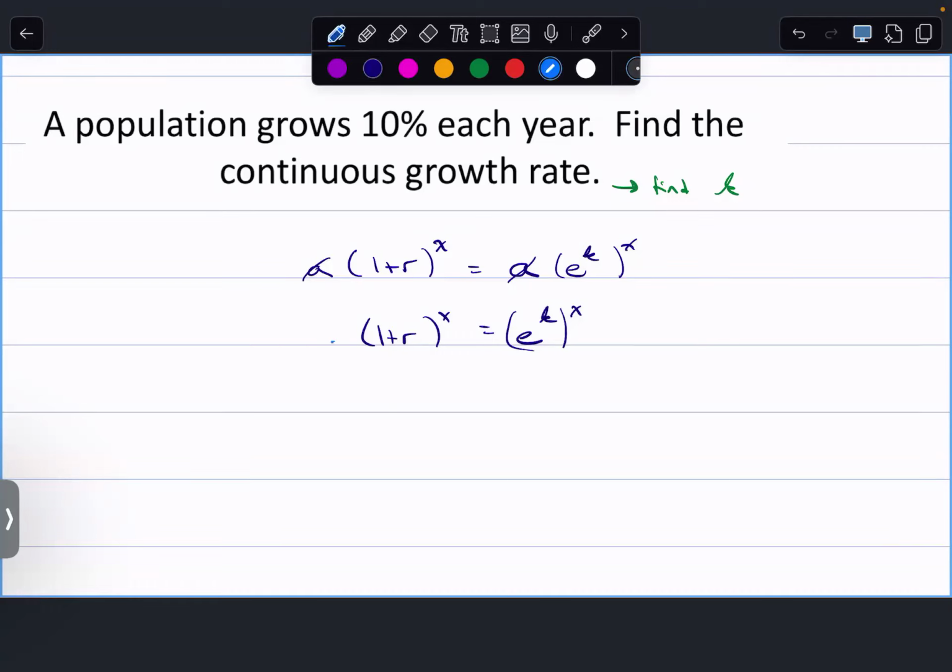Taking the xth root is the same as raising 1 plus r to the power of x times 1 over x, and e to the k to the power of x times 1 over x. 1 over x times x makes 1. So that's what I'm left with.